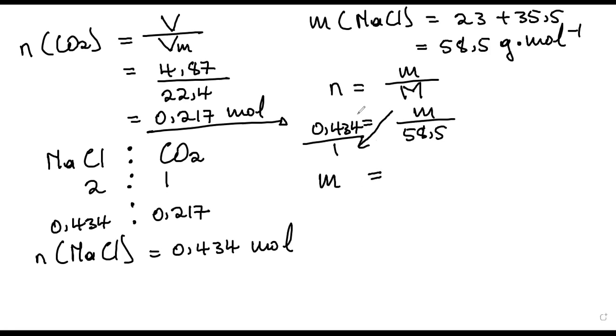Then 0.43 multiplied by 58.5. Let's see how much we get. So we realize that the mass of sodium chloride that is produced will just be 25.39 grams, like that.